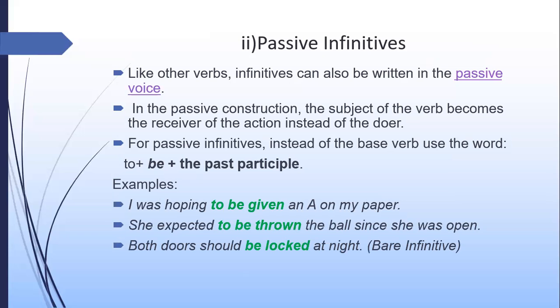Then both doors should be locked at night. Here, if you focus, to is not used because this passive infinitive is used with the bare infinitive case. So hence it is proven that passive infinitive is possible with full infinitive and bare infinitive both, and bare infinitive we have already discussed in our previous video.